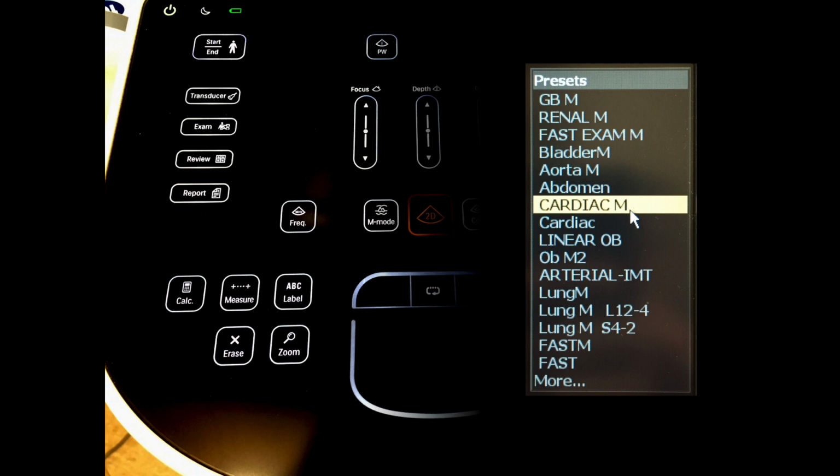So that's our machine and probe selections, and how we choose the study we're going to do and where we put ourselves. Now, most of the time when I scan, I position myself to the patient's right, and I just have to do that reach. But I also remember that I need to move the probe indicator towards the left when scanning in cardiac mode.